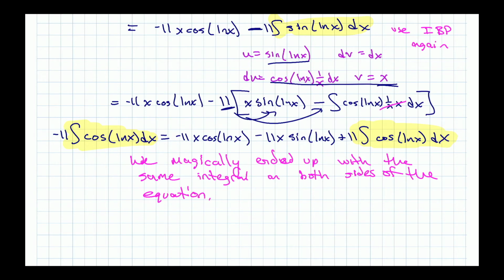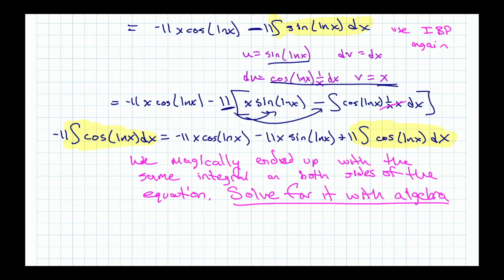Now, you still don't know how to do the integral, right? But guess what? You don't need to know how to do the integral, because you can solve for it with algebra. And that's what this technique is. Solve for it with algebra. Very strange technique, okay, but that's what we're going to do. So how do you even do that? Well, I guess first of all, I did not leave myself enough room to do it, so I'm going to move all this text.